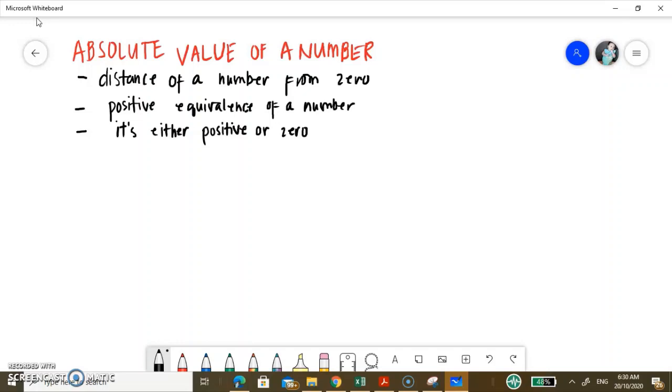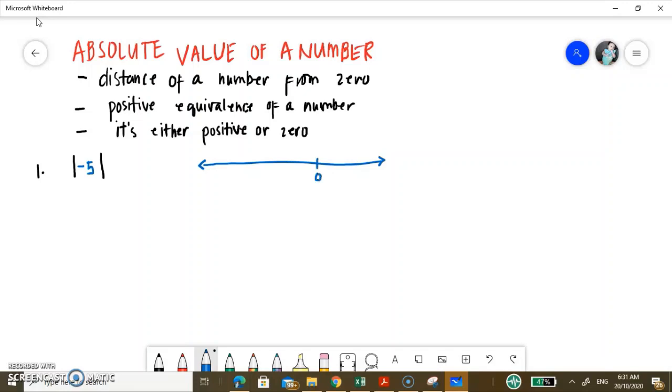So, if we have, for example, the absolute value of, we have the symbol for absolute value, vertical bars. So, ayan, vertical bars. Then you're going to put a number inside it. So, say if you're going to get the absolute value of -5, that tells us that you are going to find the distance of -5 from 0.